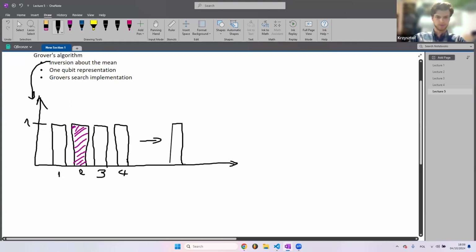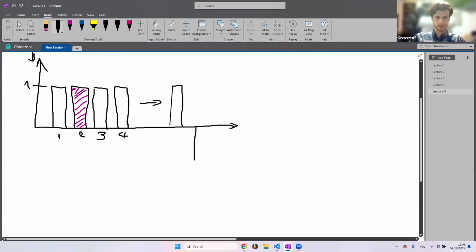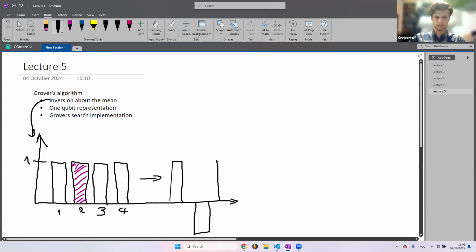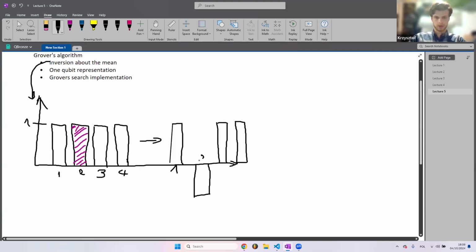So instead of all numbers having value 1, the second now has value -1. This is still 1, 2, 3, and 4.